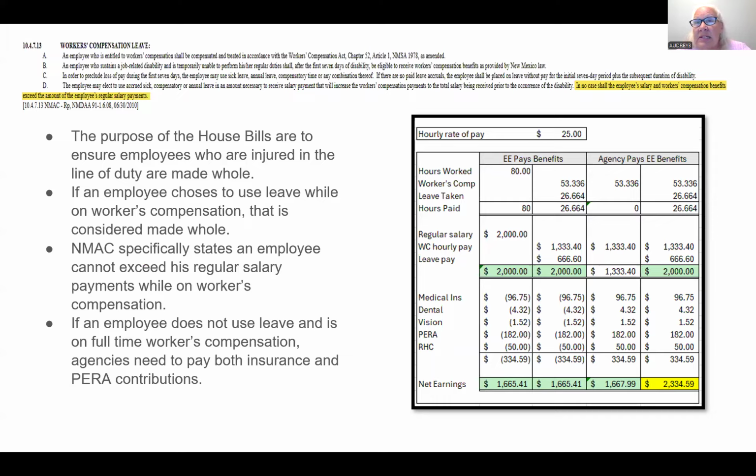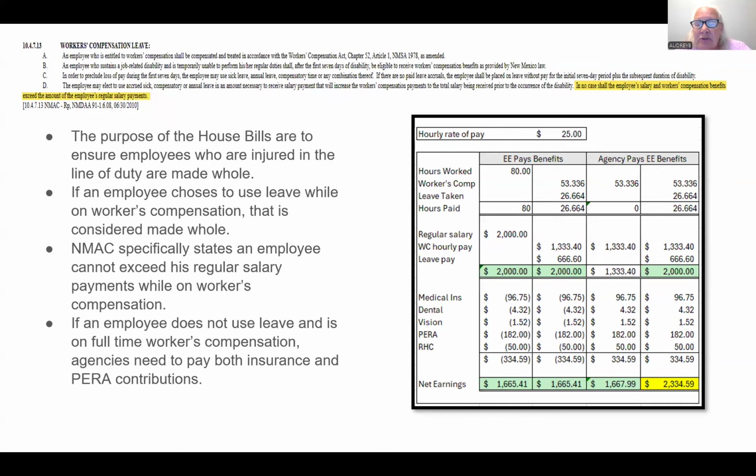So he's already received the benefit from the state, meaning he's using his leave time accrued to be made whole. So in this circumstance, he is not on 100% workers' comp, and he would still be responsible for his benefits. And so as expected, when you deduct his benefits, his net take home would stay at the $1,665.41.